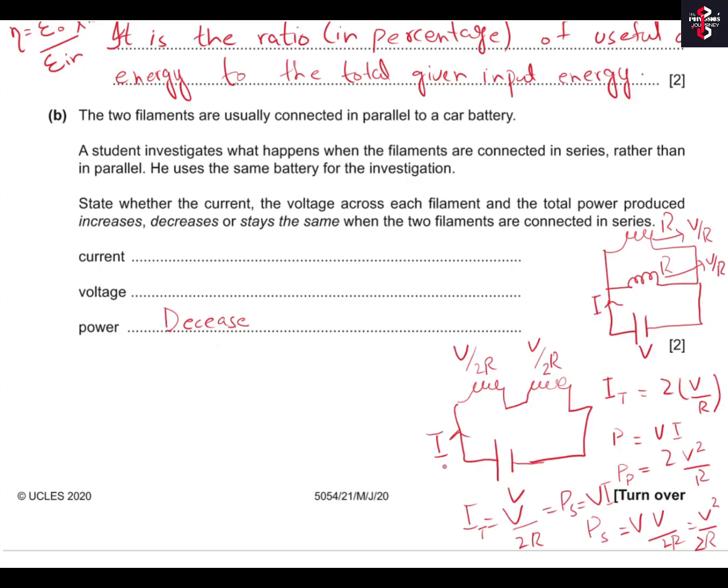First of all, let us go towards the current. Current and resistance also have an inverse relation, so current will also decrease. When current decreases, voltage also decreases, since V equals IR, Ohm's law in simple words. So all three quantities, current, voltage and power, will decrease.